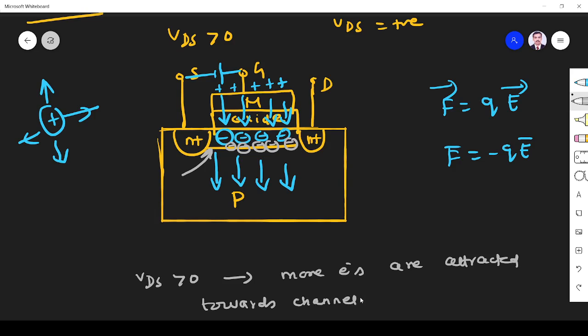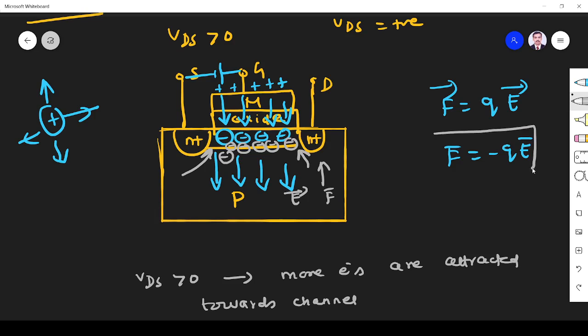Right? So initial recombination will take place as we saw in case 3. Then when you increase VDS more, the minority carriers overcome the recombination and go towards the channel region, because the electric field is in this direction, and for electrons the force will be in the opposite direction. So it will push electrons towards the channel.